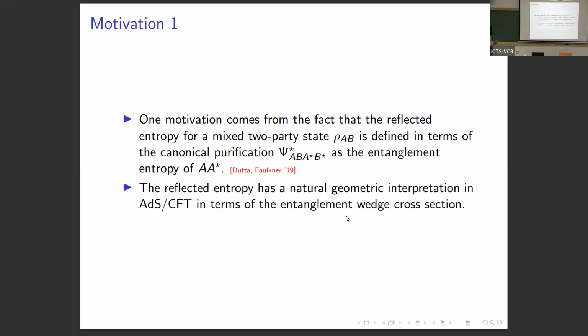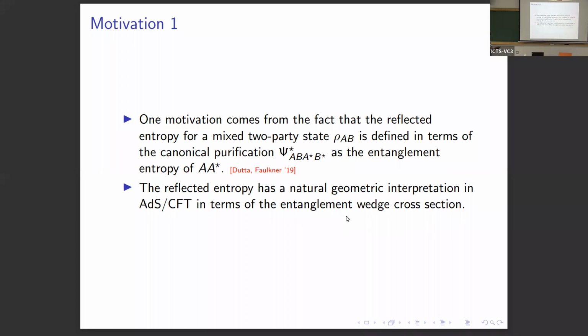Before I go into the technical details, let me spend a few minutes explaining why I'm interested in studying any of these quantities. Why should I be interested in studying the canonical purification and this reflection operator in the context, let's say, of AdS/CFT? One motivation comes from this interesting quantity called the reflected entropy, which has been studied recently following initially this paper, which is defined for some mixed state on two parties, let's say capital A and capital B, in terms of the canonical purification of that density matrix.